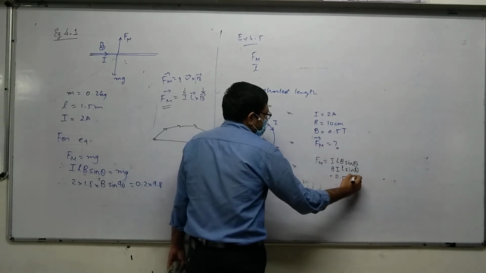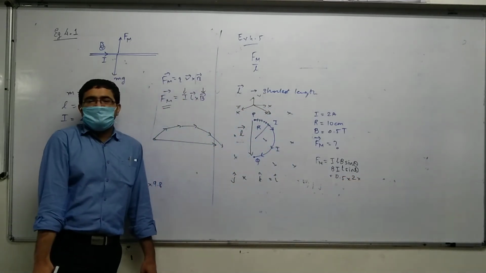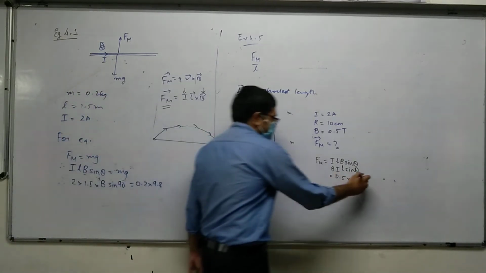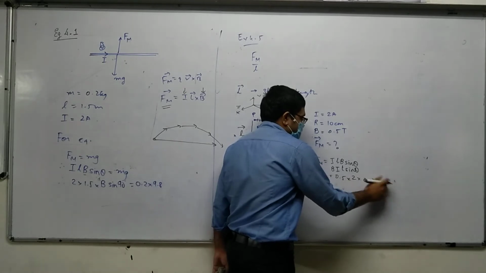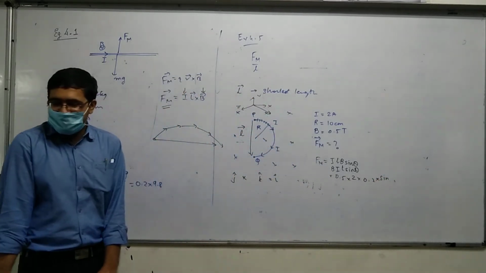So what is B? 0.5. Current 2. Length 20 cm, so 0.2 m, yes. Into sin theta, sin how much? 90.